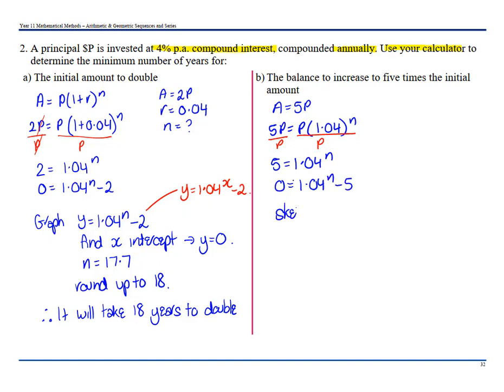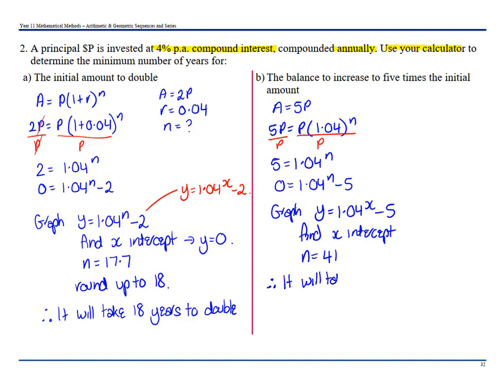Sketch, or I should say graph, because you're going to your calculator. Graph y equals 1.04 to the x minus 5 and find the x-intercept. You end up getting that n equals 41, so therefore it will take 41 years for it to increase to 5 times the initial amount.